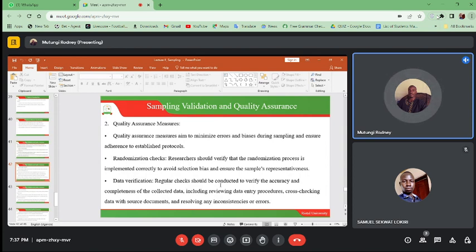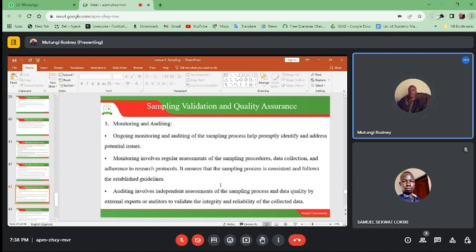Review those data entry procedures, cross-check the data with source documents, because you might have a recorder, you have recorded, and then after playing, you are transcribing or writing down what they were saying, but you have left out some. So you replay and you see, so that you can capture each and everything, so as to have better quality, better power of your study.